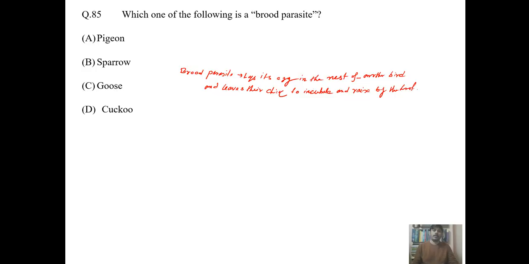So simply, a brood parasite lays its eggs in the nest of another bird and leaves the host to incubate and raise their young or chicks.